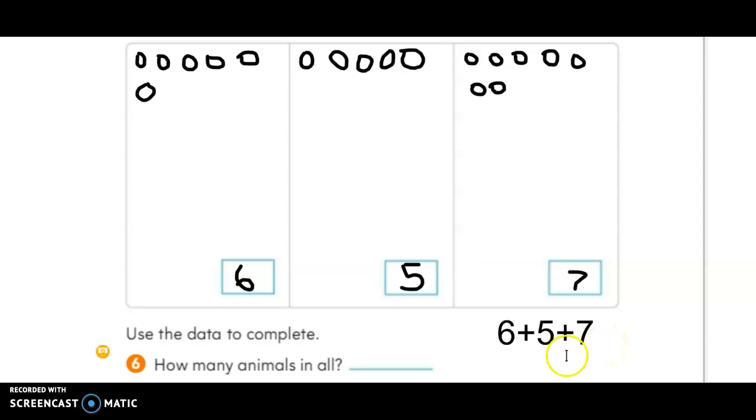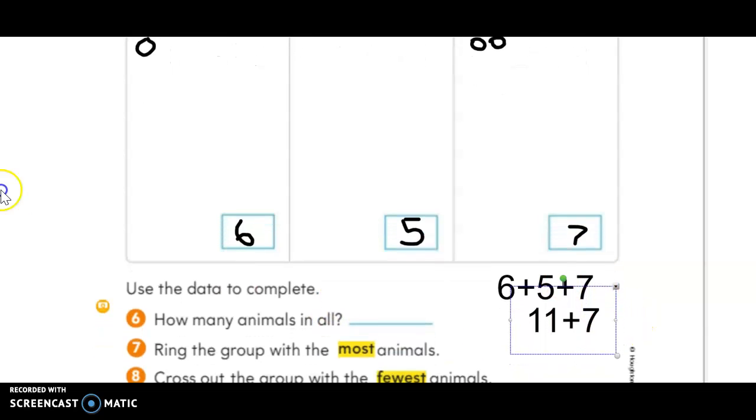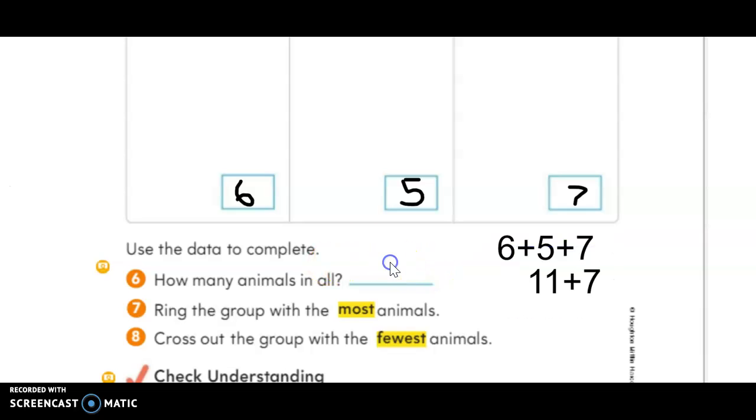So let's just grab some numbers and add them up. So 6 and 5, what do you get there? Yep, 6 and 5 gets us 11 plus 7. So now we have 11 and 7 more. That's the same one we had on the front. So now we end up with 18.